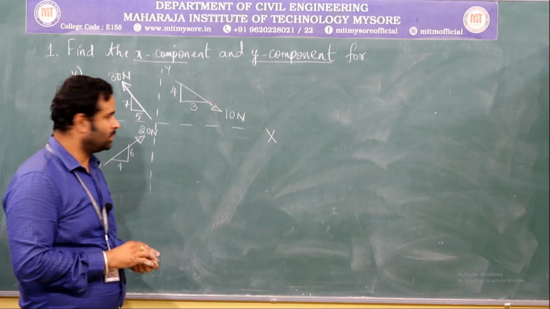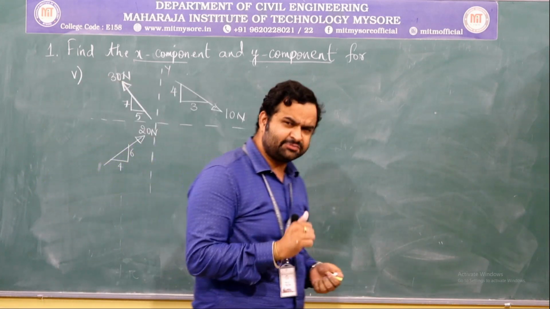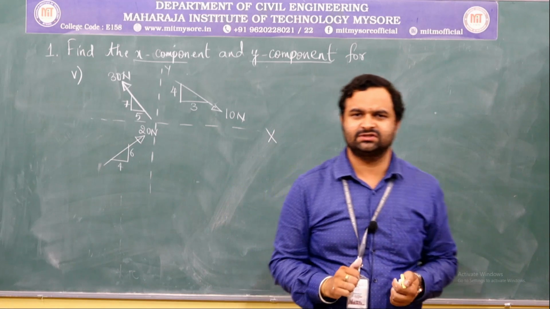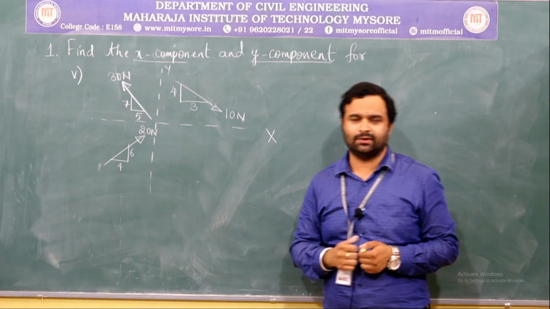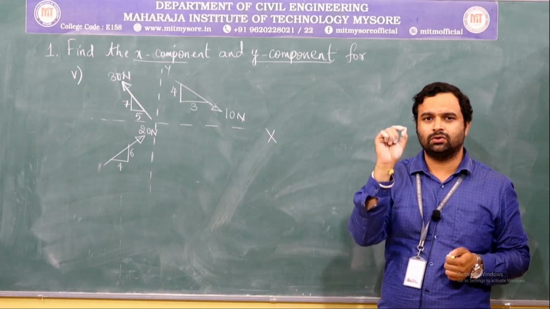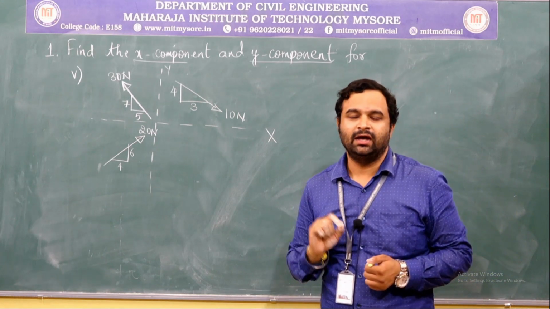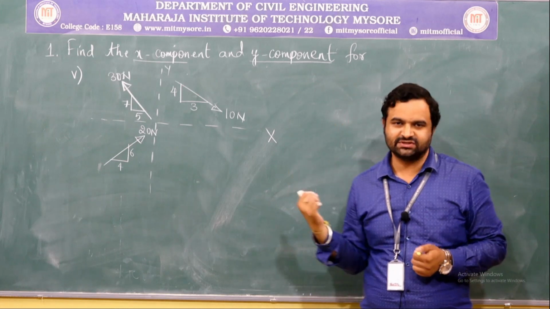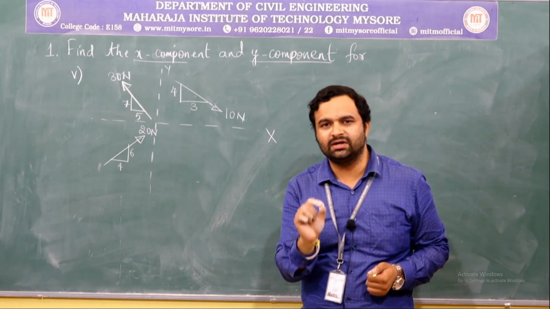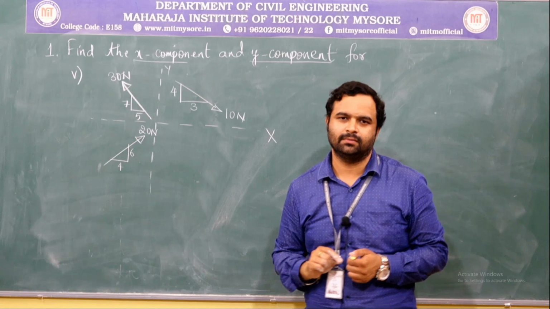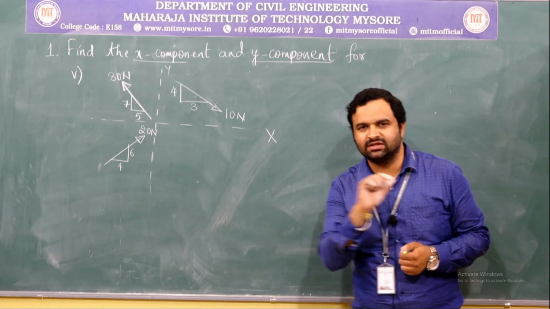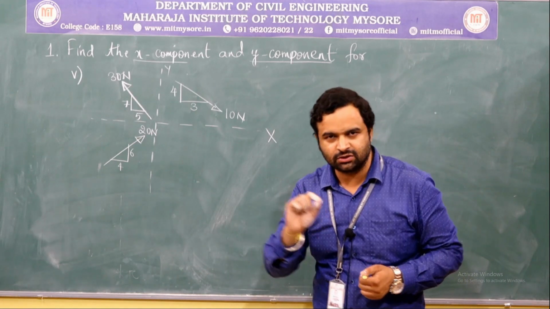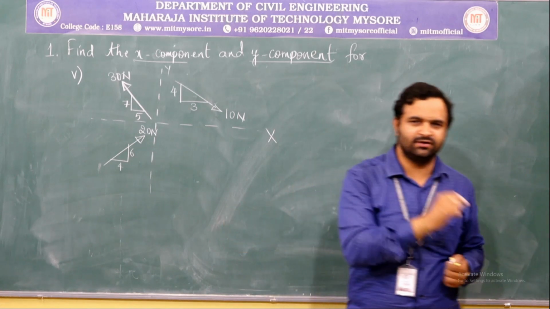Okay. See, irrespective of the forces or the direction of the forces in the quadrants, please concentrate on the x and y components. After you resolve the forces, please observe in what direction the forces are written. In what direction is x measured? Is it measured towards right? Is it measured towards left?